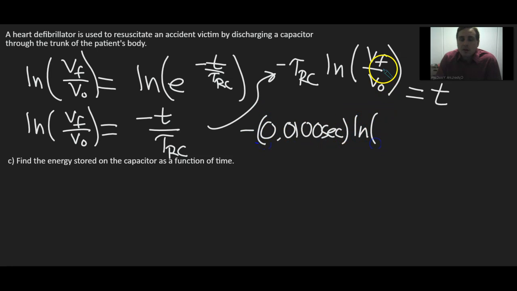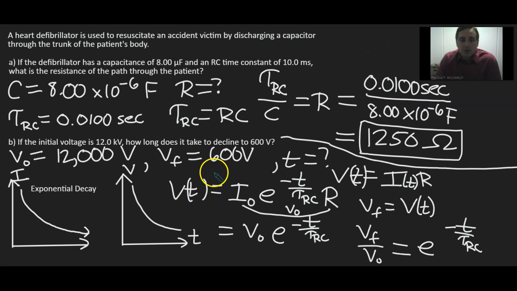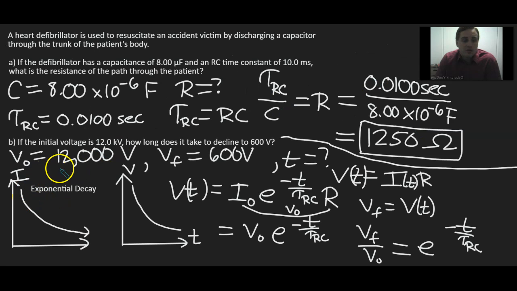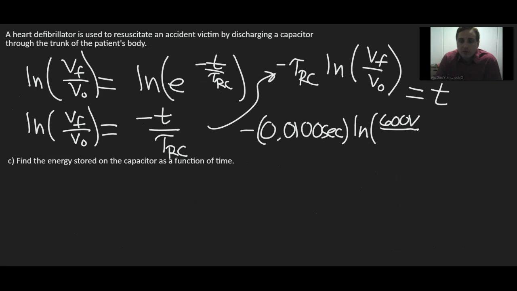Natural logarithm of V final, which I believe was 600 volts, yes. So this is 600 volts. The initial was the initial charge and voltage, that's 12,000 volts. And which is equal to t.